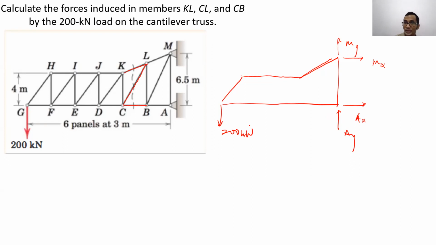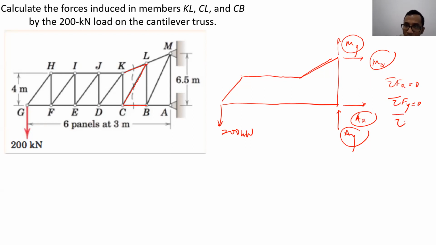No, because there are 4 unknowns, and we only have 3 equations: sigma Fx equal to 0, sigma Fy equal to 0, and sigma moment equal to 0, right? So we will not be able to solve for those 4 reaction forces.